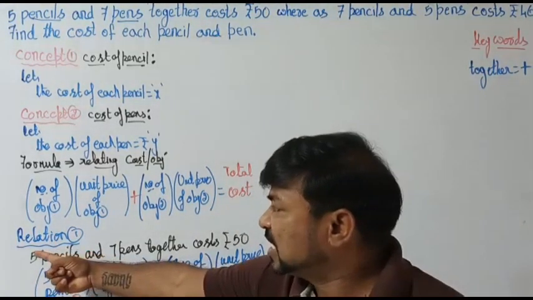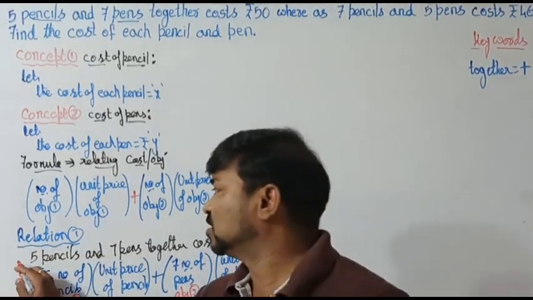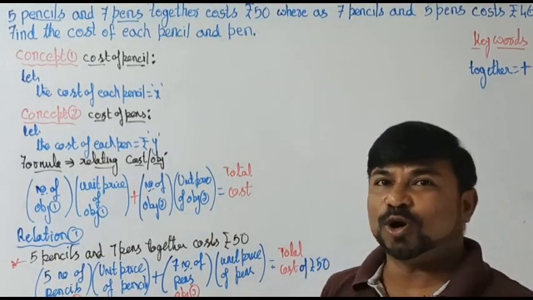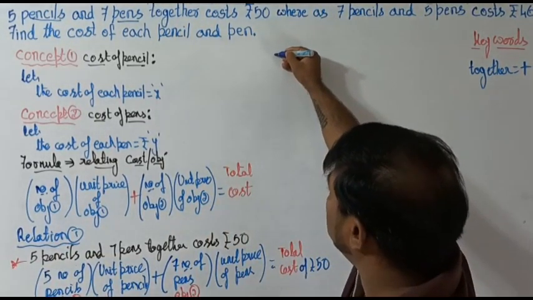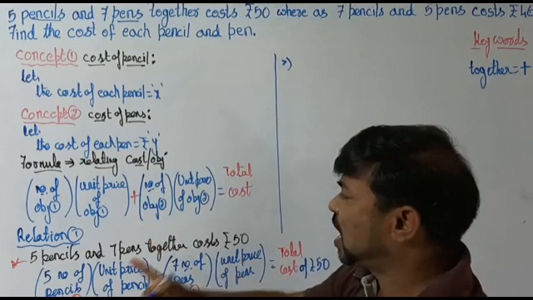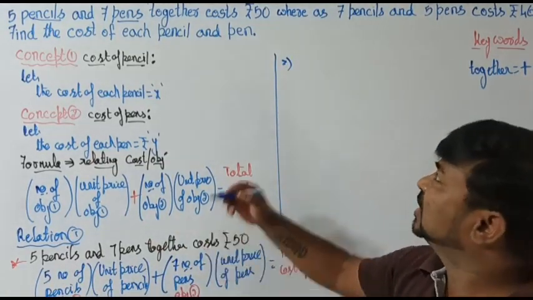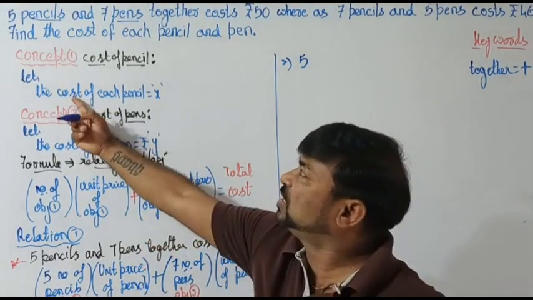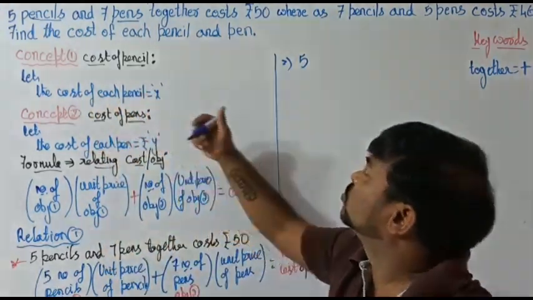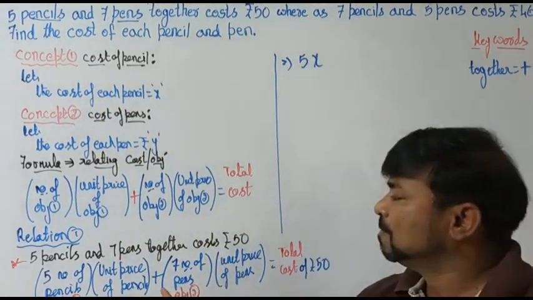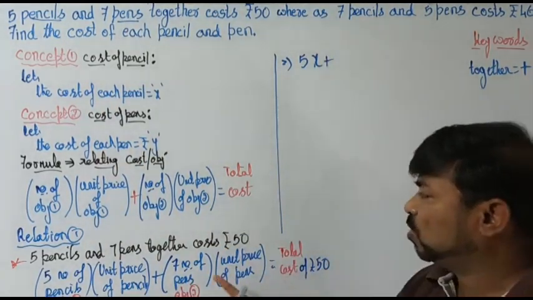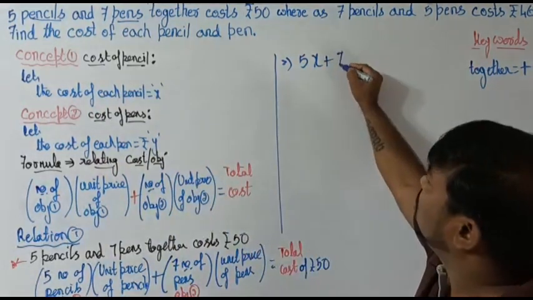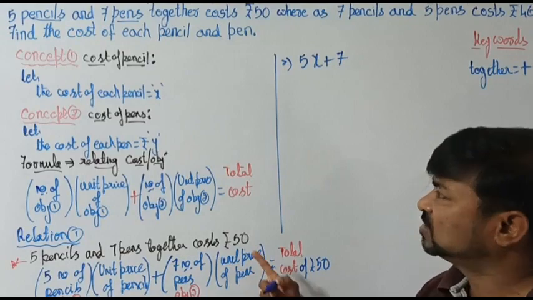This is the sentence form of what he has given to us, and this is the symbolic way. Now I am framing it as an equation: 5 number of pencils, that is 5, into the unit price of a pencil, which is x, plus 7 number of pens into the unit price of a pen.